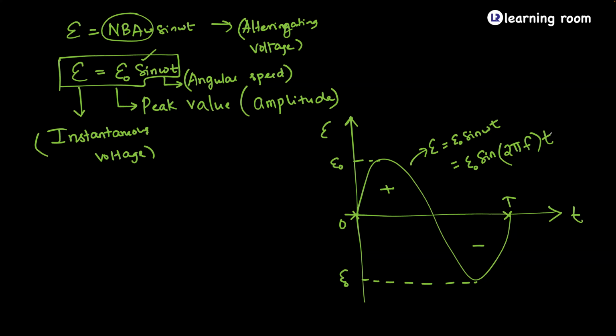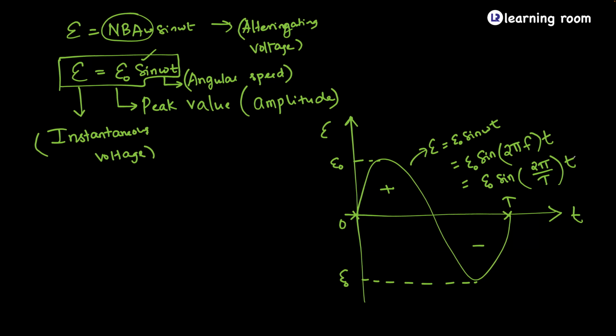Frequency can be written as 1 by time period, so 2 pi by capital T into t. The same instantaneous value of EMF can be written in terms of omega or f or capital T, and all three mean the same.